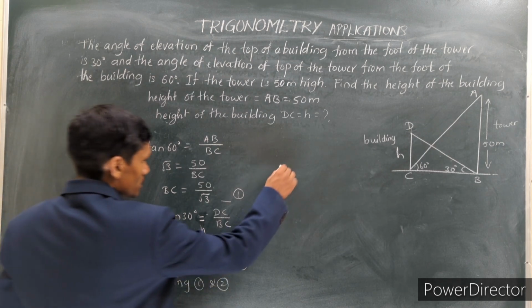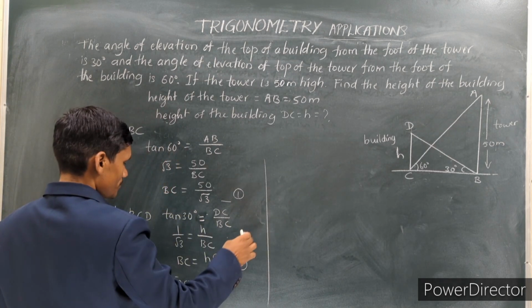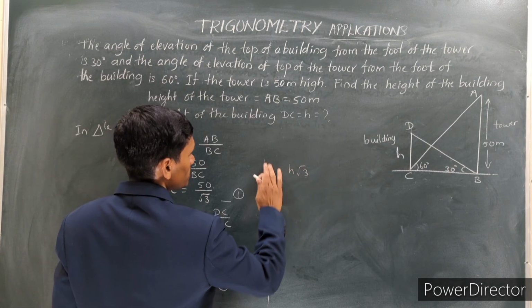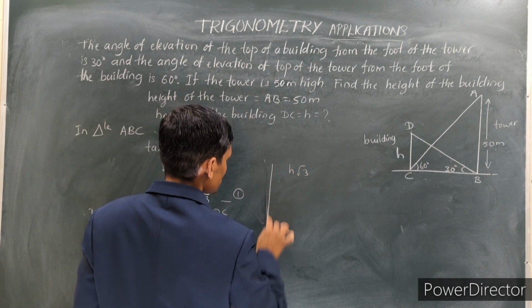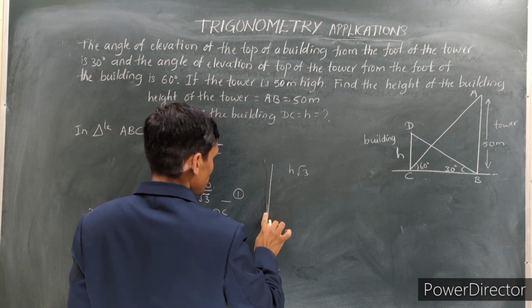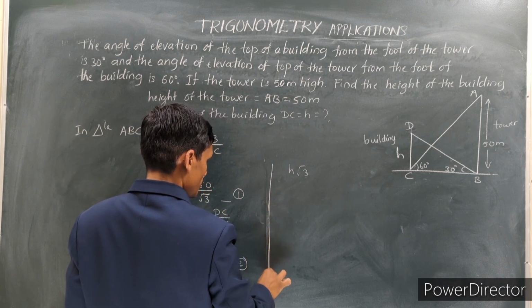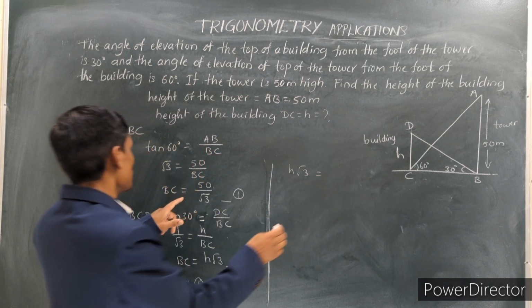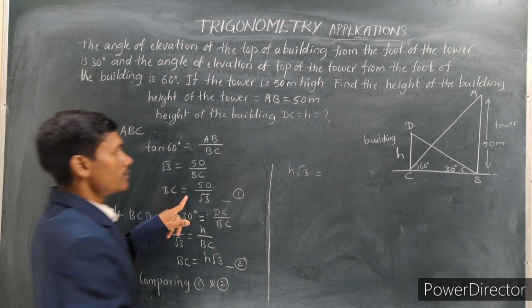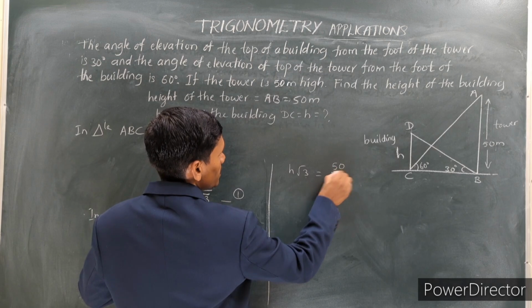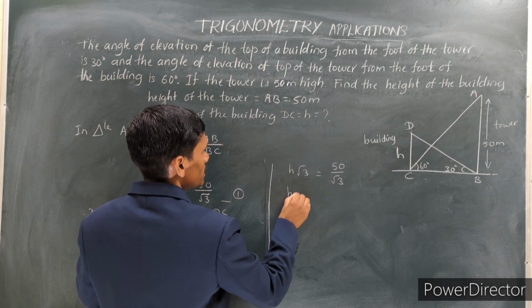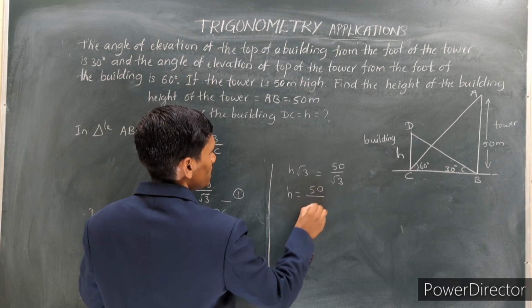You see, here I'll show. On the right side, h root 3 is equal to, and one more thing from BC, 50 by root 3, right? You take it to the other side. h equals 50.